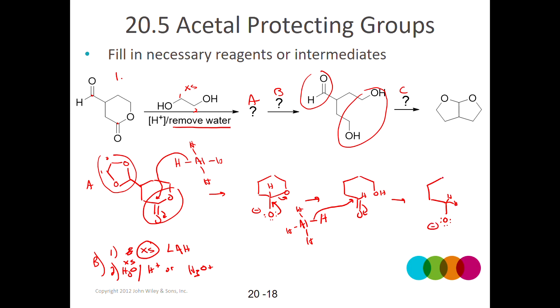This part of the structure over here, once that oxygen is formed into an OH, it's actually going to be deprotonated by a hydride. We know lithium aluminum hydride won't work in the presence of moisture because it's reactive toward protic compounds, and this OH is protic. Right?